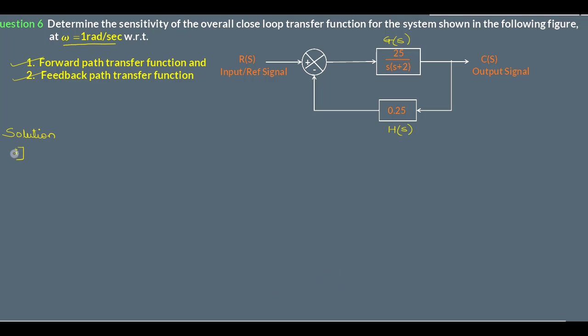Now the solution for the first part is to find the sensitivity of the overall closed loop transfer function with respect to the forward path G of s.